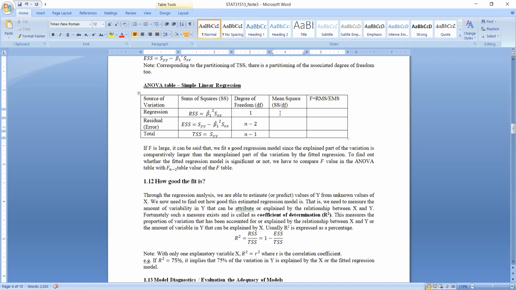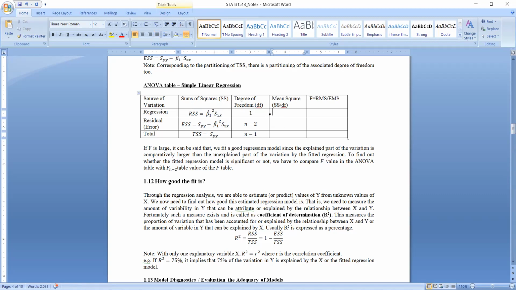We have the sum of squares values and the degrees of freedom, and the next column is the mean square values. You calculate mean squares by dividing the sum of squares by its own degrees of freedom.